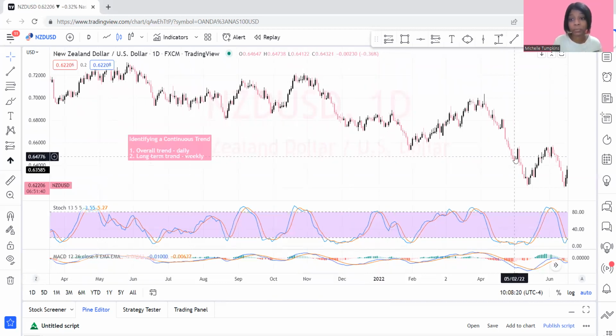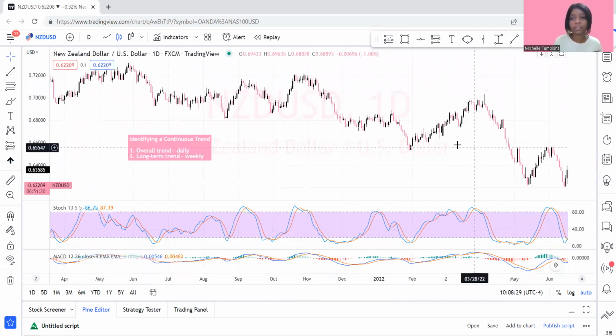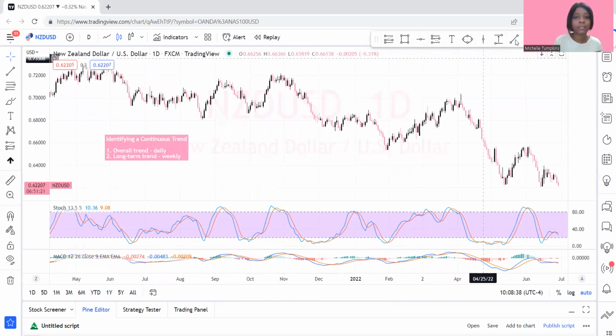And this is long term. Yes, you could have caught some buys in between, but it is always profitable and more profitable and just overall smarter to go with whatever the overall trend is. I always tell people, don't try to catch retracements unless you are experienced. If you are not experienced, just go with the overall trend.